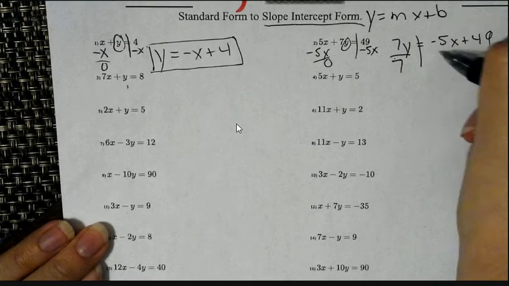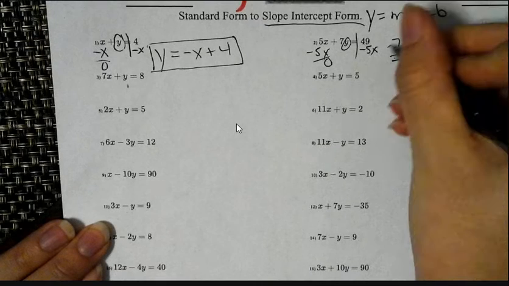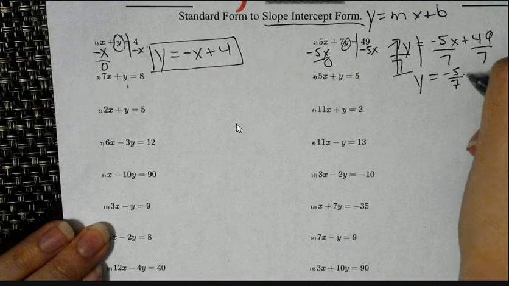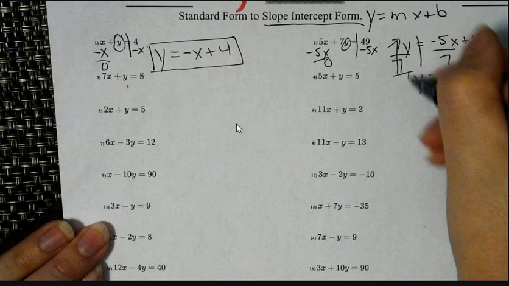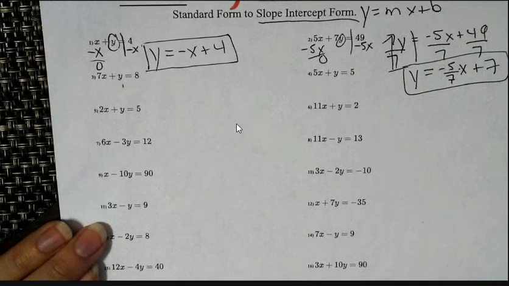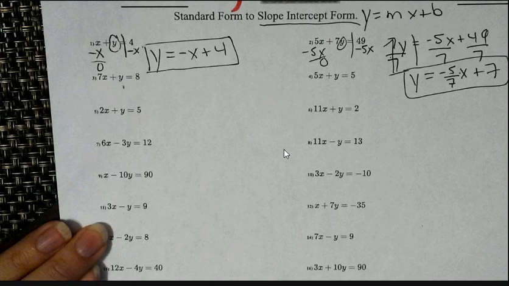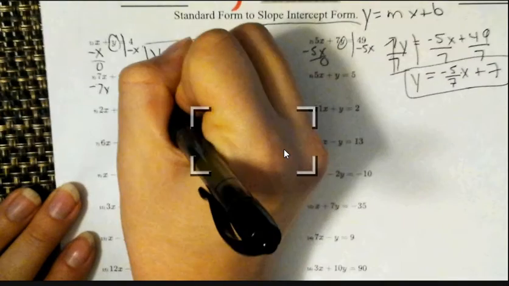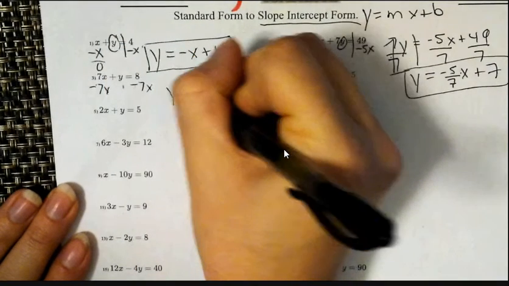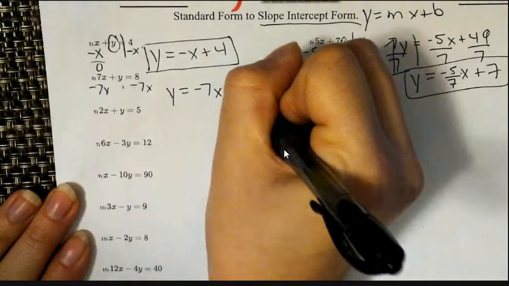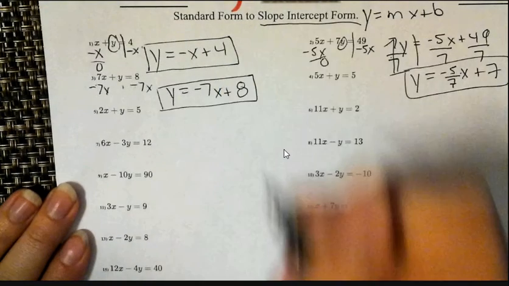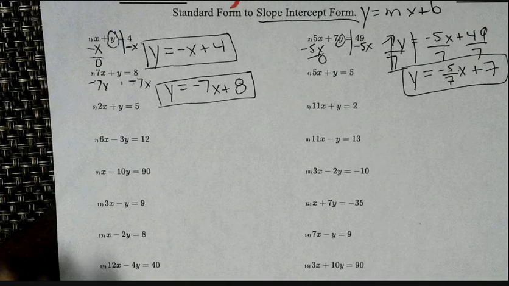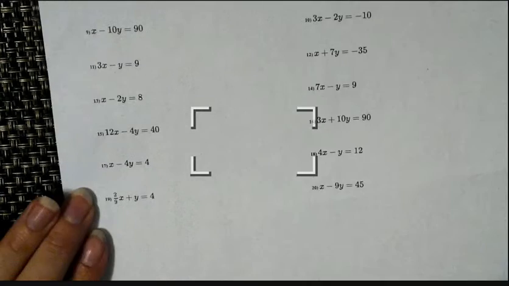I'm going to divide by 7, and I'm left with y equals negative 5/7 x plus 7 for number 2. For number 3, I subtract 7x from both sides, and I get y equals negative 7x plus 8. So on and so on. I'll do one more example, and then you're going to do the rest on your own.